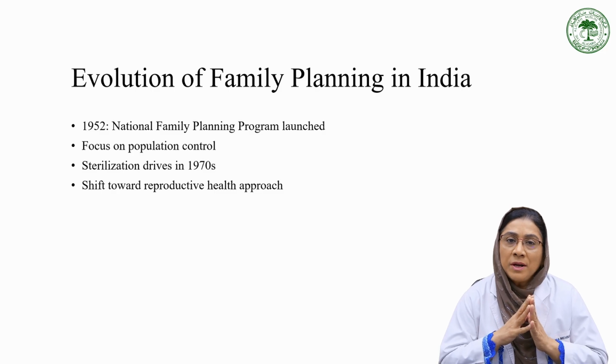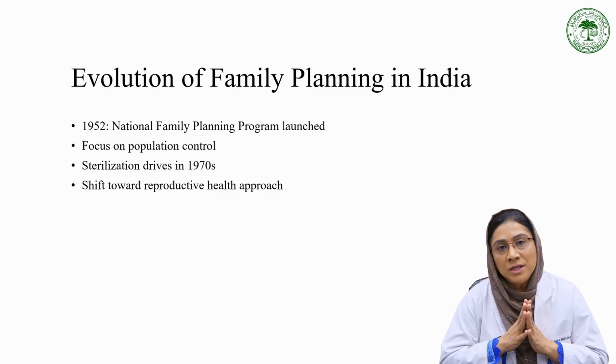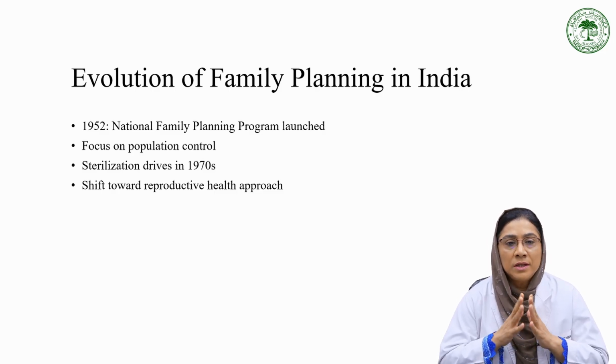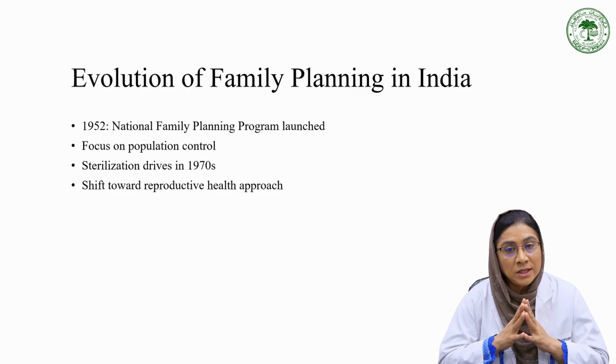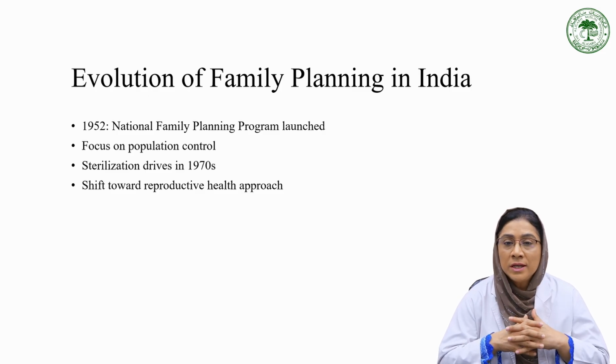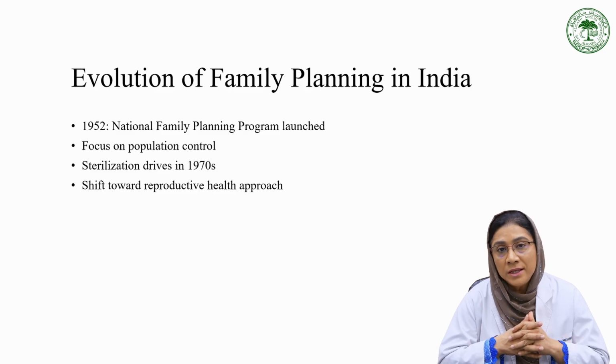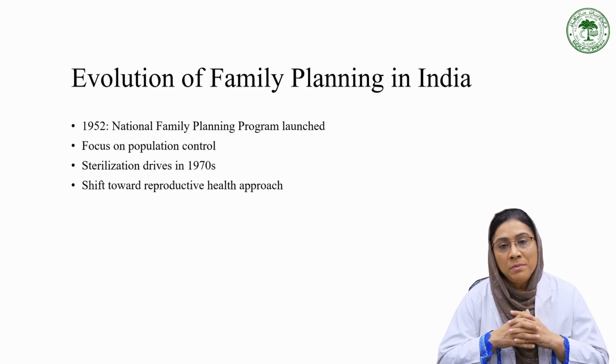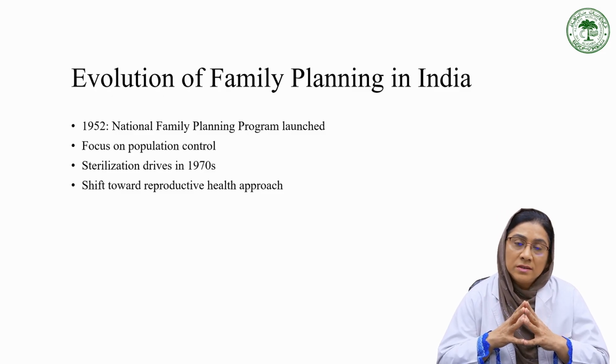The National Family Planning Program of 1952 marked a historic moment. Initially, it was framed narrowly as a population control initiative. In the 1970s, the program became notorious for coercive sterilization drives, which created distrust and resistance.